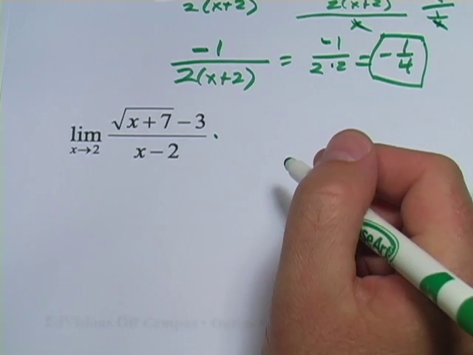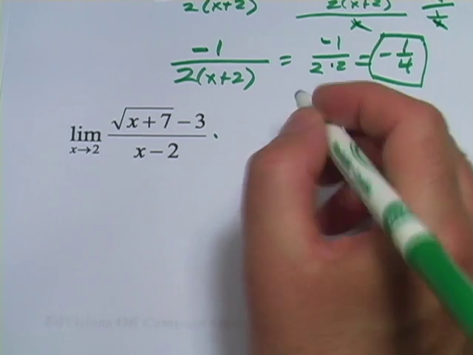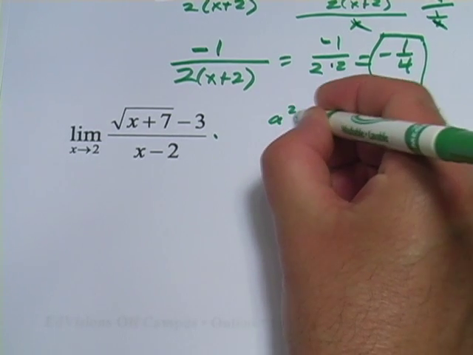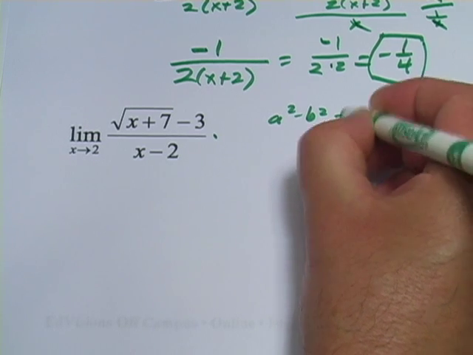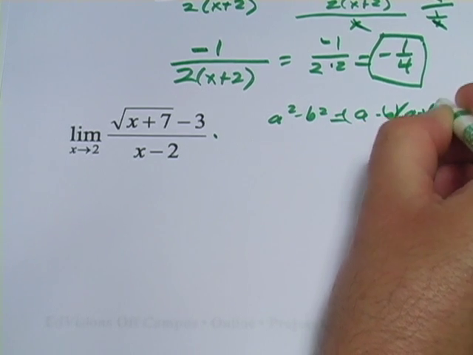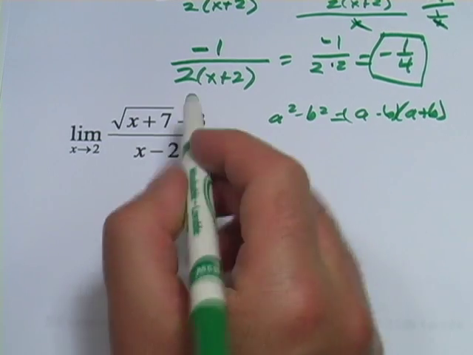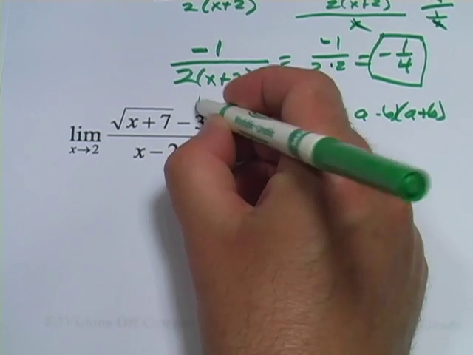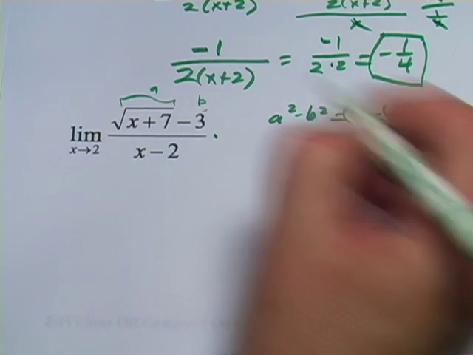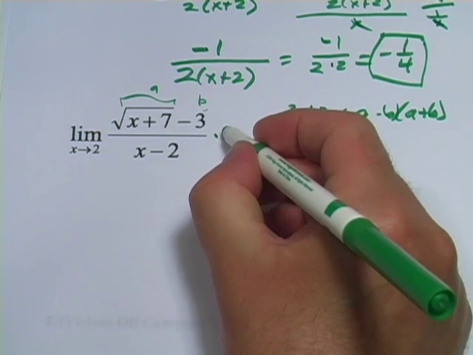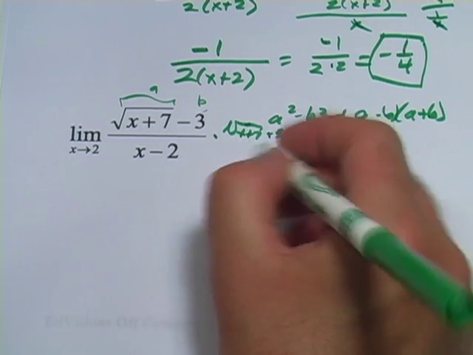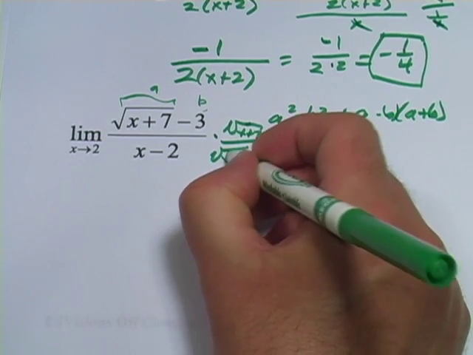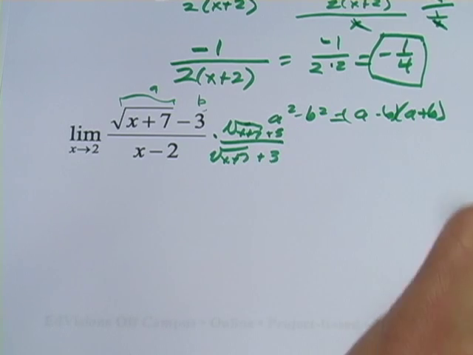Remember, we're using the rule of difference of squares here that says a squared minus b squared equals a minus b times a plus b. In this case, this is our a, and this is our b. So I'm going to multiply by the square root of x plus 7 plus 3 over the square root of x plus 7 plus 3.